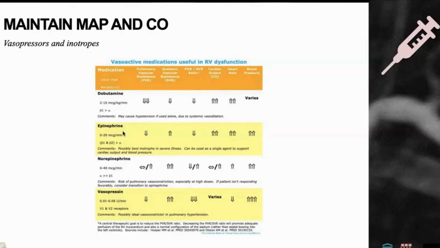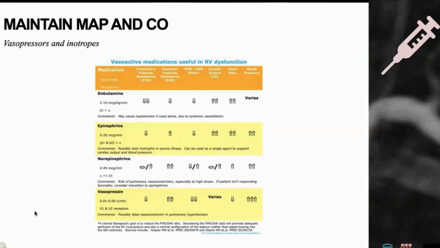And then epinephrine, which has both alpha and beta activity, will also decrease your pulmonary vascular resistance, all while increasing your systemic vascular resistance. So vasopressin typically at 0.04 units per minute, and epinephrine anywhere from 0 to 10, really. You can go up to 20, but 0 to 10 mics per minute is a good choice.